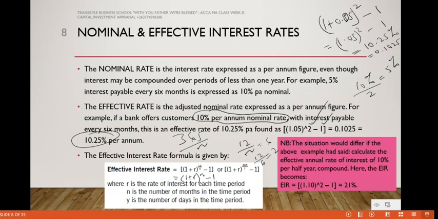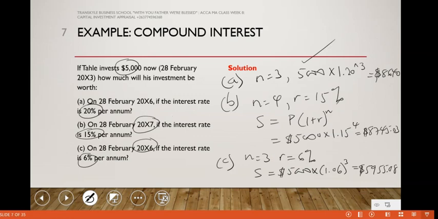So the n adjusted is simply going to be 2, and we get 21%. That would simply mean simple compounding, as we determined where S is equal to P times 1 plus R to the power N.